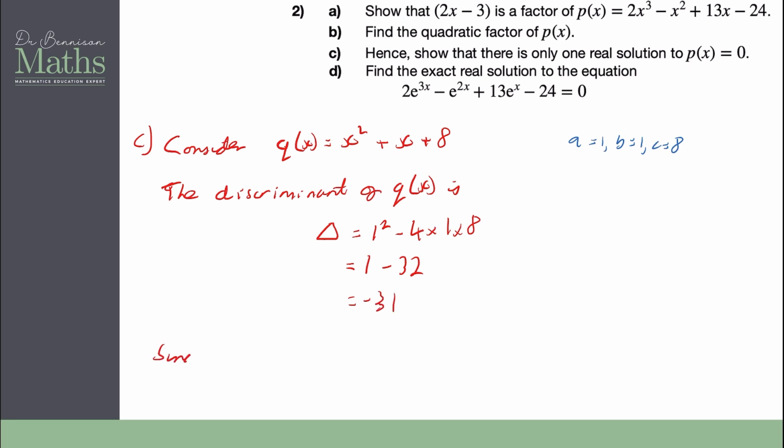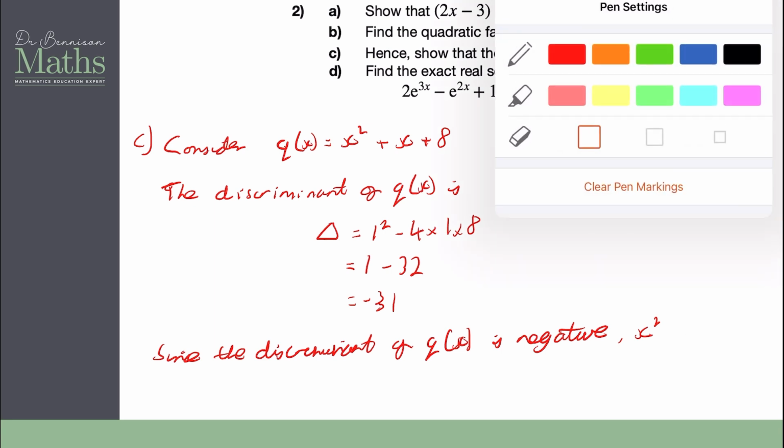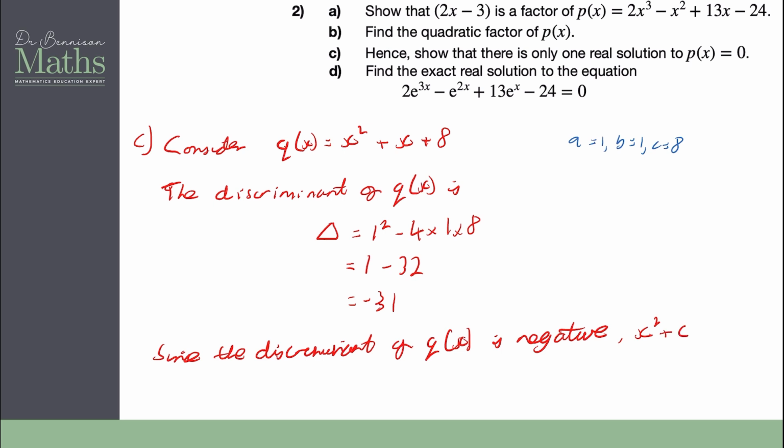So since the discriminant of q of x is negative, the equation x squared plus x plus 8 equals 0 has no real solutions.